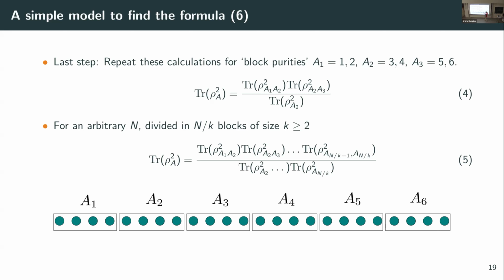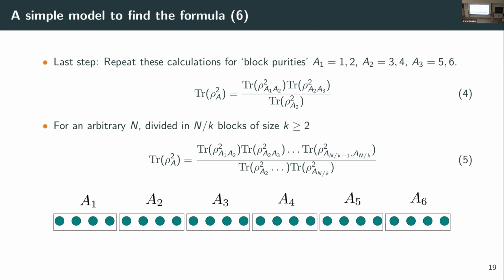And the formula for purity is that you take on the numerator purities of 2 blocks, A1, A2, A2, A3, and so on. And you divide by purity of single blocks. And this is an equality for the toy model, which allows you to measure the purity.